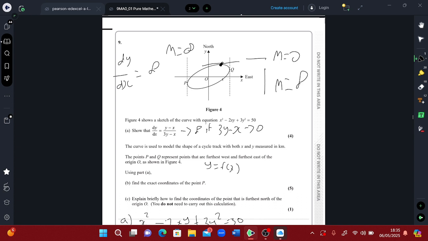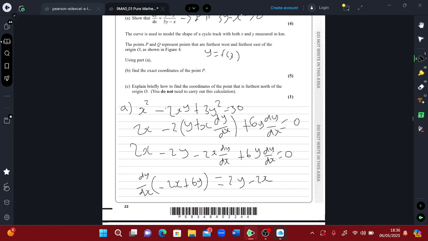So furthest north would mean the highest y coordinate. So if you want the maximum, you're going to deal with a stationary point. Actually, no, they're not stationary points because they're not 0, but this is, because it's a horizontal tangent, which means the gradient must be 0. So dy dx is 0.